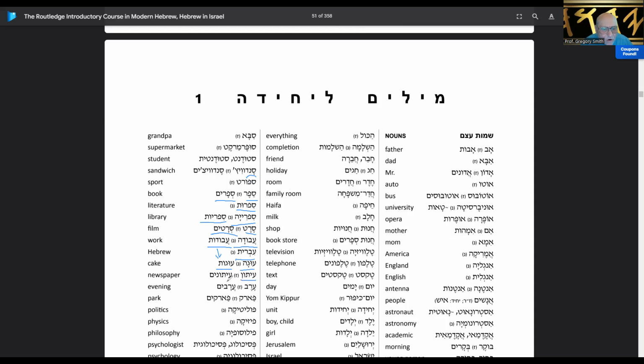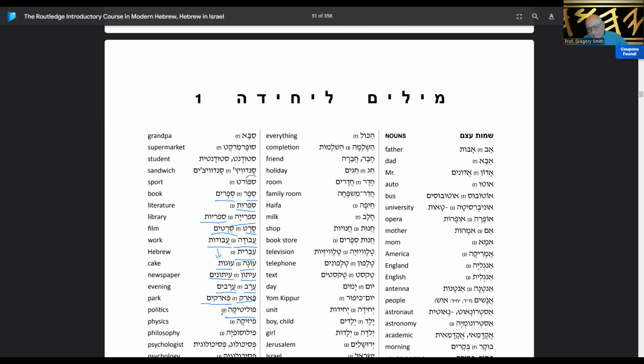We've got iton or itonim, newspaper or newspapers. Erev, which is the evening, arvim, evenings. This here, park, that's literally a transliteration of an English word. Parkim, multiple parks.